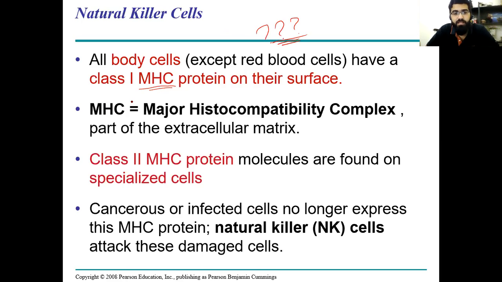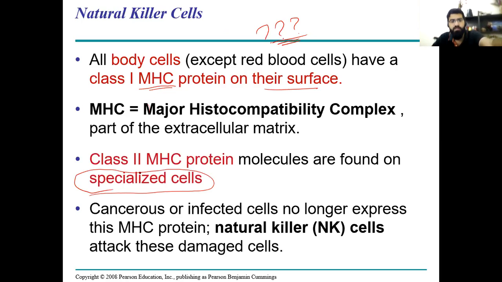MHC, we just said, is a complex protein found on the surface of every cell. There are 2 classes of this protein, class 1 and class 2. Class 1 is found on all cells' surfaces. Class 2 MHC protein molecules are found on specialized cells only.